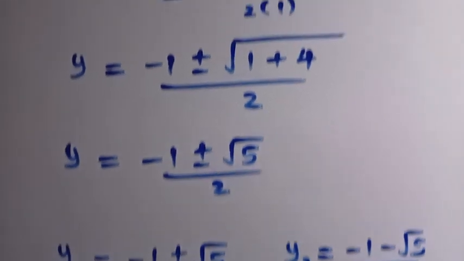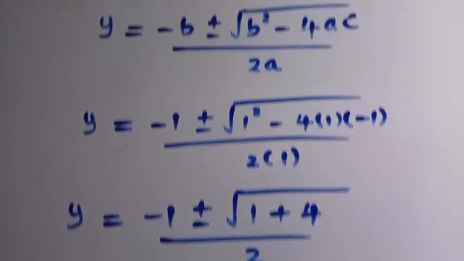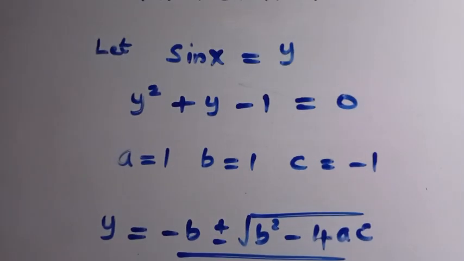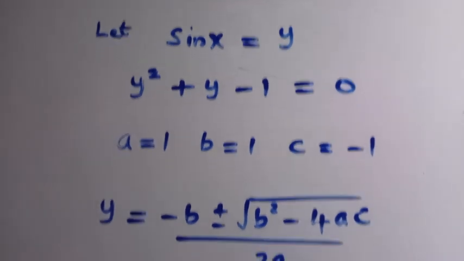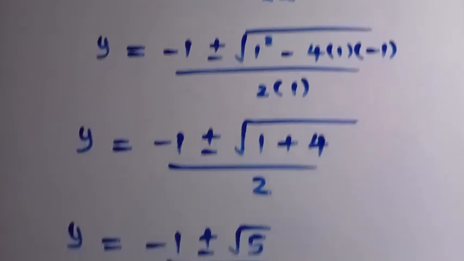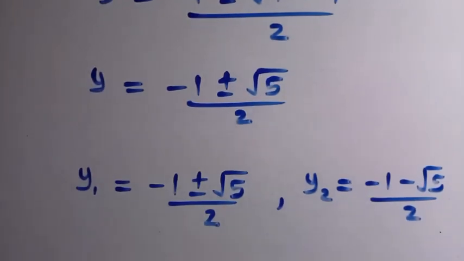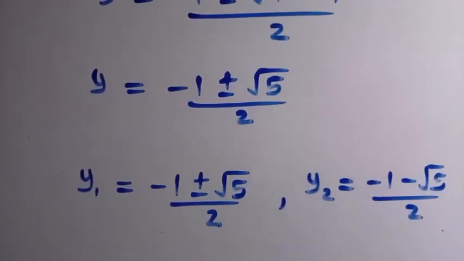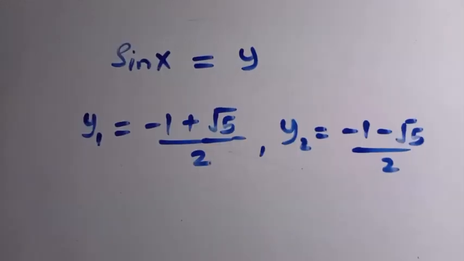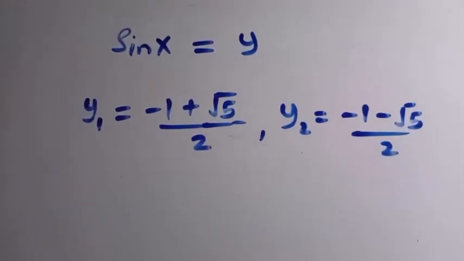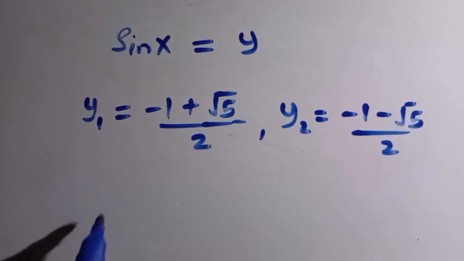Then when we look up and try to recall, we have sine x equals y. So we try and replace it in the two answers that we get, and we see what will be the output of x. So let's substitute the first value of y here.